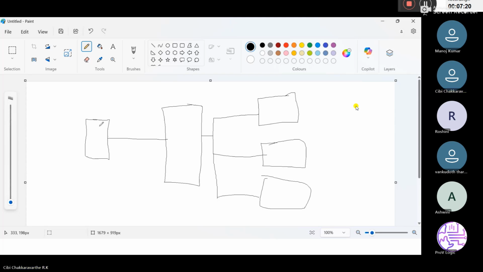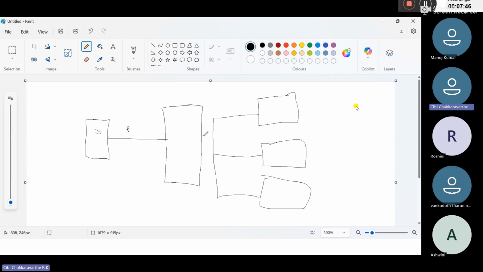See, let's consider this one as a source. From the source, our data will come out as a packet. This router will check the packet, check the parity, and check the address, and it will route, that is, direct the packet to the perfect destination.